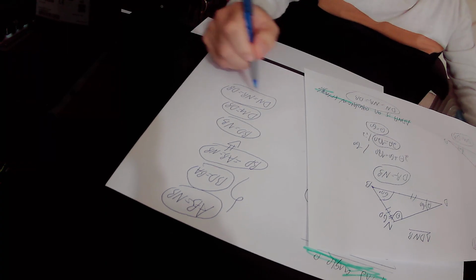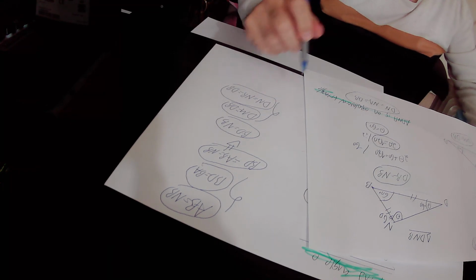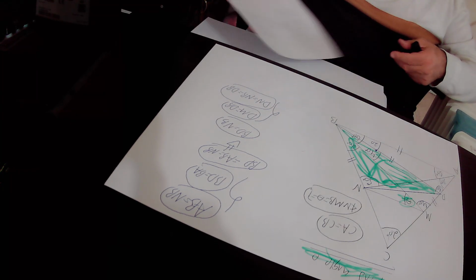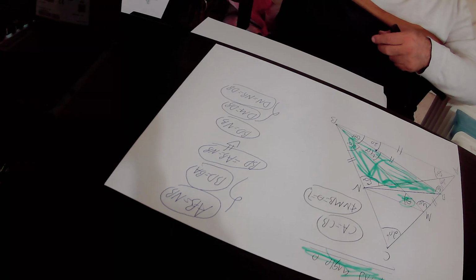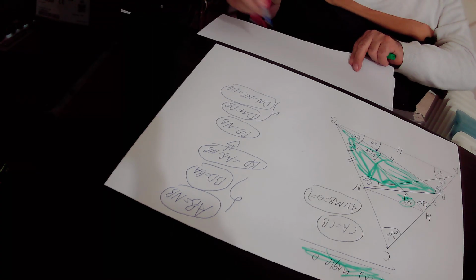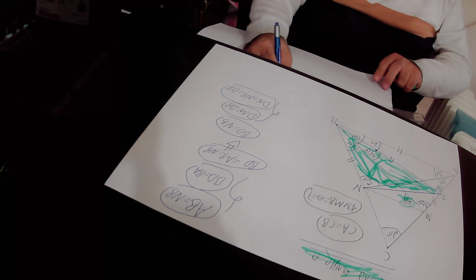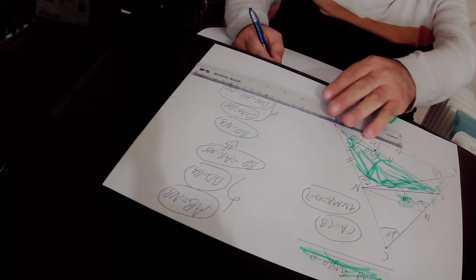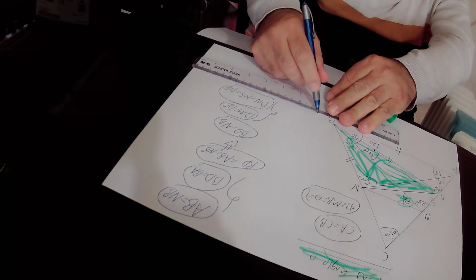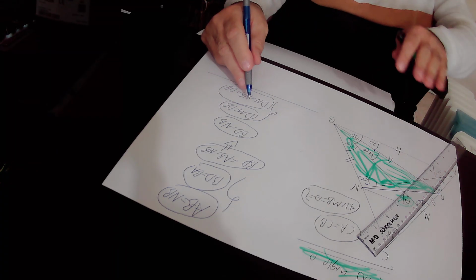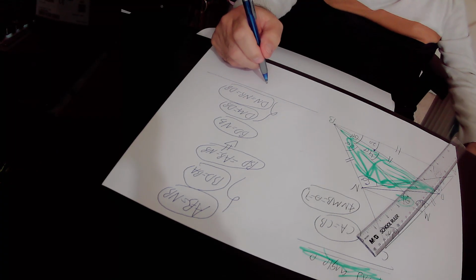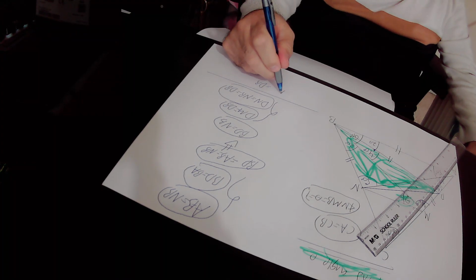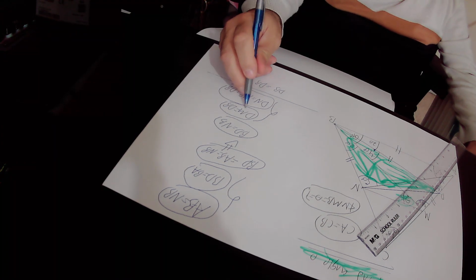So we have here two equations. What is the value of DB? For one side, DB equals DN, according to this equation.